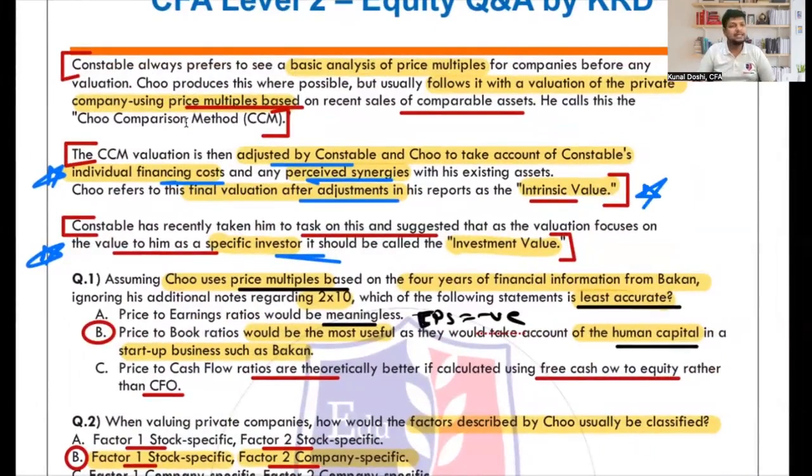Intrinsic value. Is he right or wrong? He's adjusting the information and then trying to use it as an intrinsic value. Is he correct or not? First of all, that is the question. Why is he right or wrong?